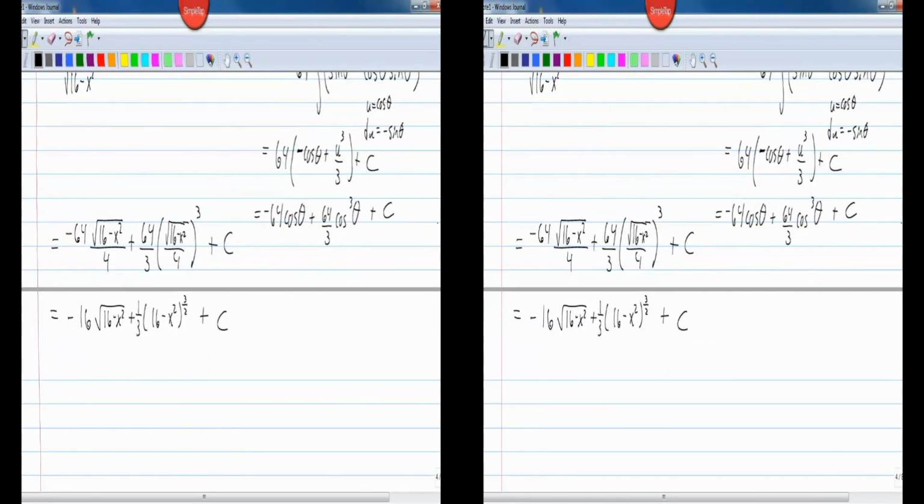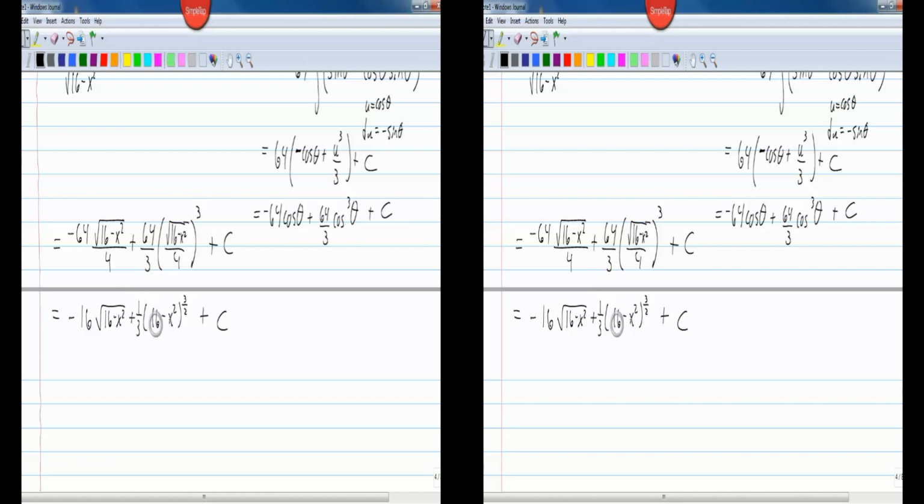The only other thing that you could do, it looks like, is factor out a 16 minus x squared to the 1/2 power. But I'm fine with you leaving your answer like that. But just know that you can factor out 16 minus x squared to the 1/2. What that's going to leave you with is negative 16, and then you're going to have this thing to the first power if you pull 1/2 out.